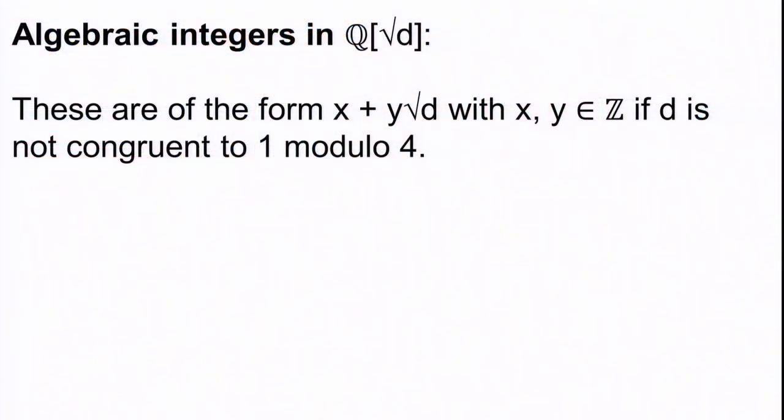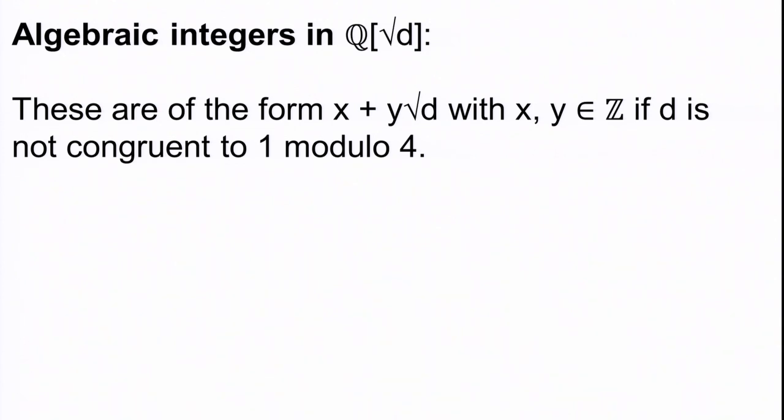So, this description depends on whether D is congruent to 1 modulo 4 or not. When D is not congruent to 1 modulo 4, then the algebraic integers are of the form x plus y root D, where x and y are integers.